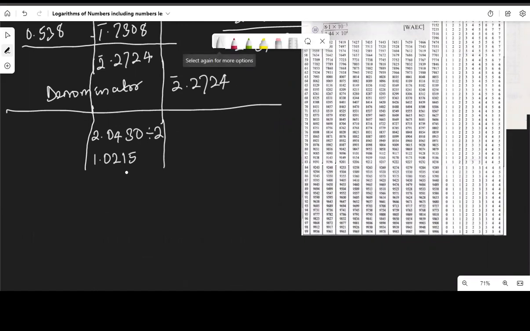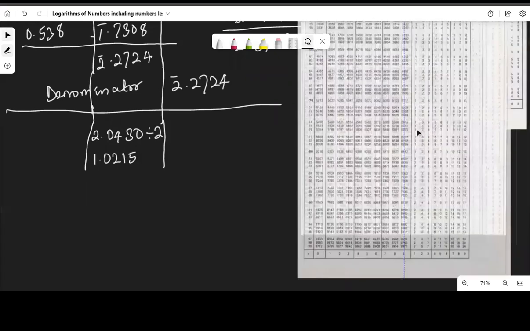Therefore, taking the antilog of this, 0.02 under 1, difference of 5. Where is the antilog?